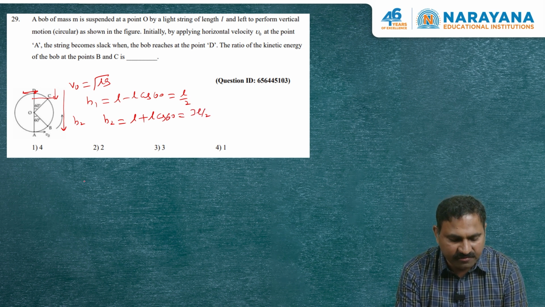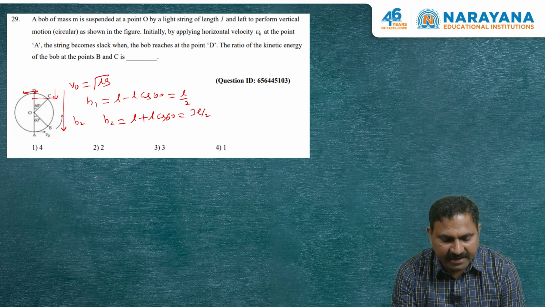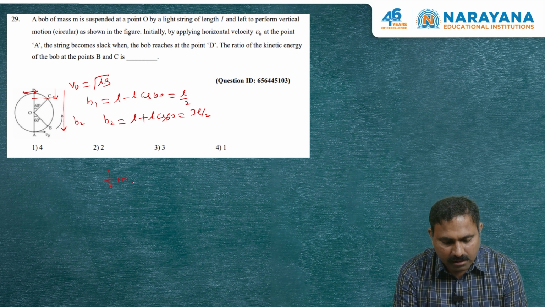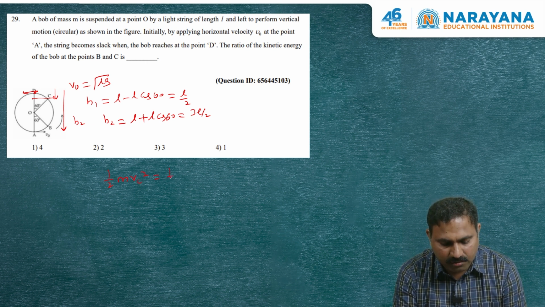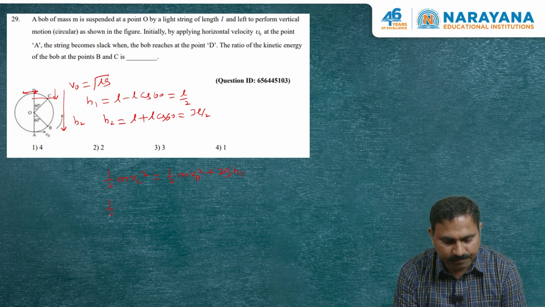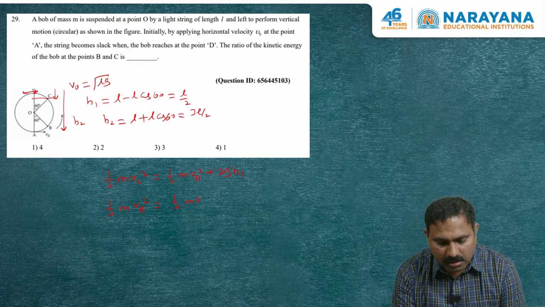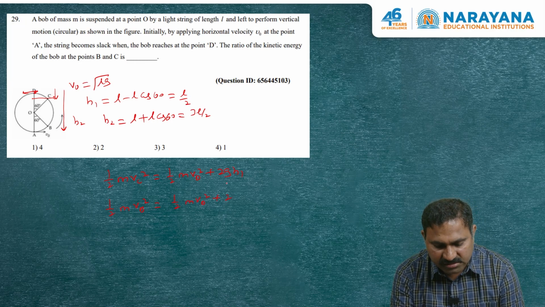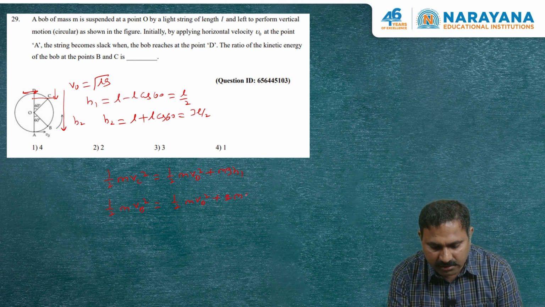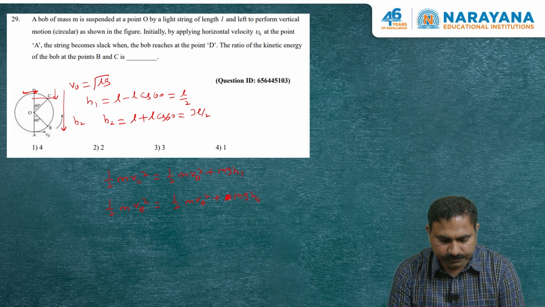Now, from energy conservation, as we are asked for the ratio of kinetic energies, the kinetic energy at point C can be written as half m Vc square equals half m Vd square plus mg h1. Similarly, for point B, half m Vb square equals half m Vd square plus mg h2.